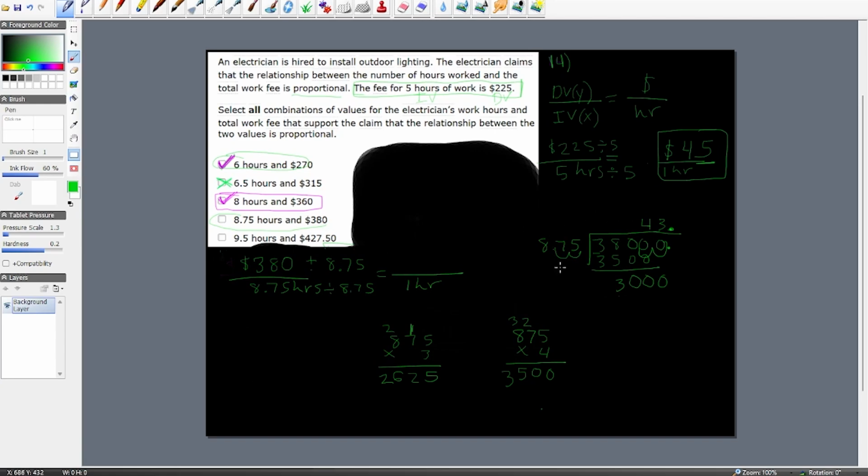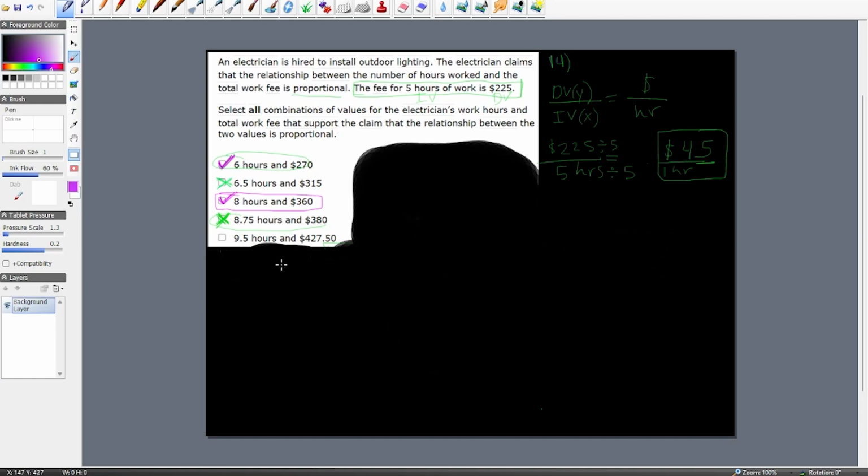And if we're being mindful, we can actually stop here because we notice this is going to be $43 and something cents, which is not going to be equal to our unit rate of $45 per hour. So if I want to save myself some time, we can already identify that this one is not going to be correct. It's not going to be equal to $45 per hour.